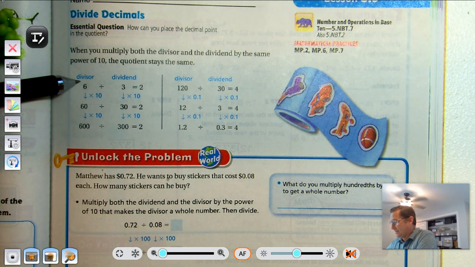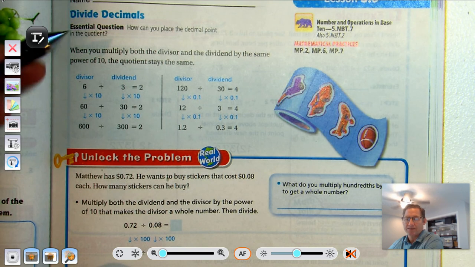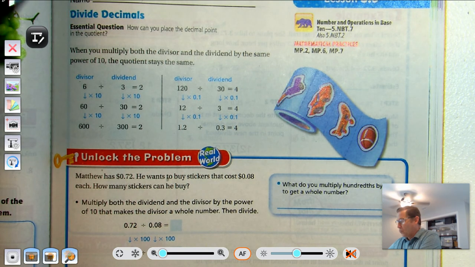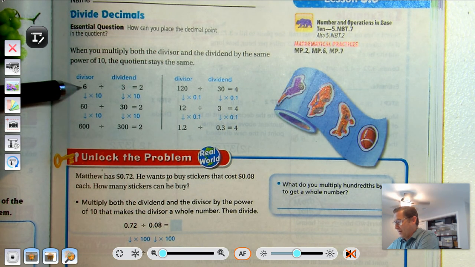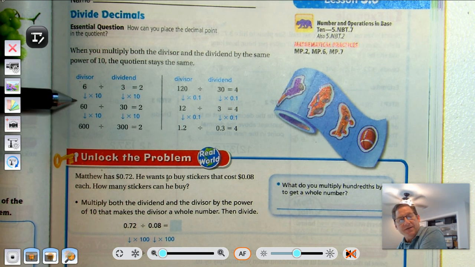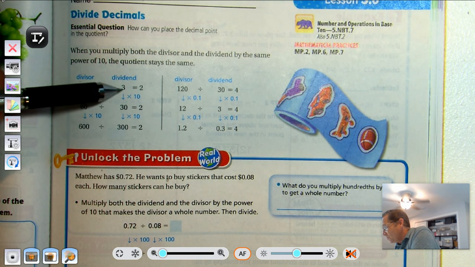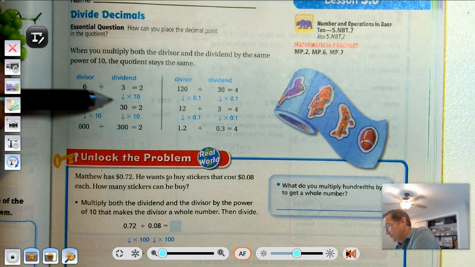Well, let's look at this. 6 divided by 3. Well, okay, that's a basic math fact, right? 2. But if I multiply that divisor by 10 and I come up with a divisor of 60, and I also multiply the dividend by 10, I'd get 30.